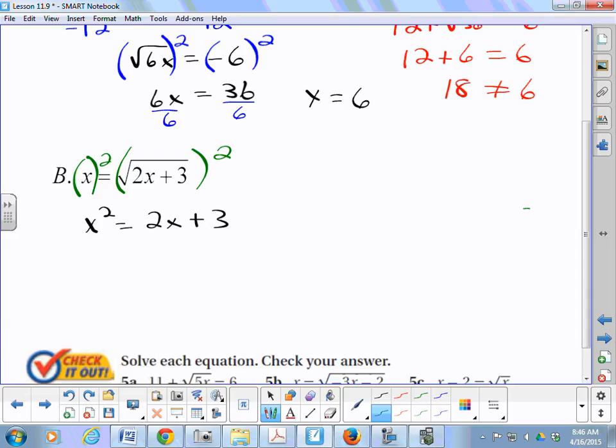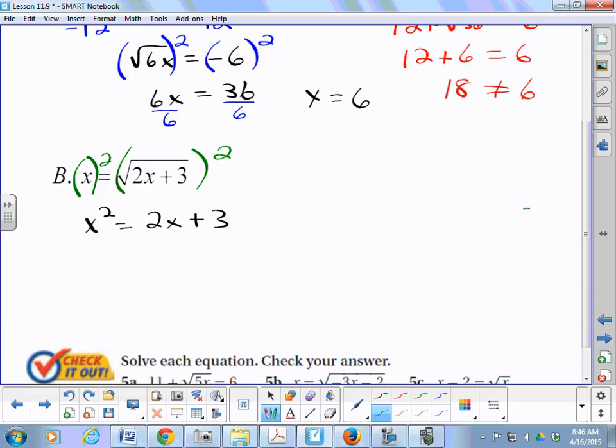I have x squared. That means I have a quadratic equation, which means I want it to be equal to 0 so that hopefully I can factor.